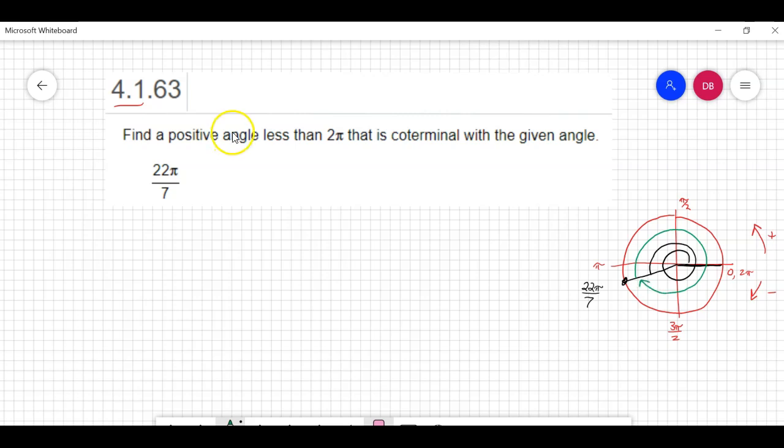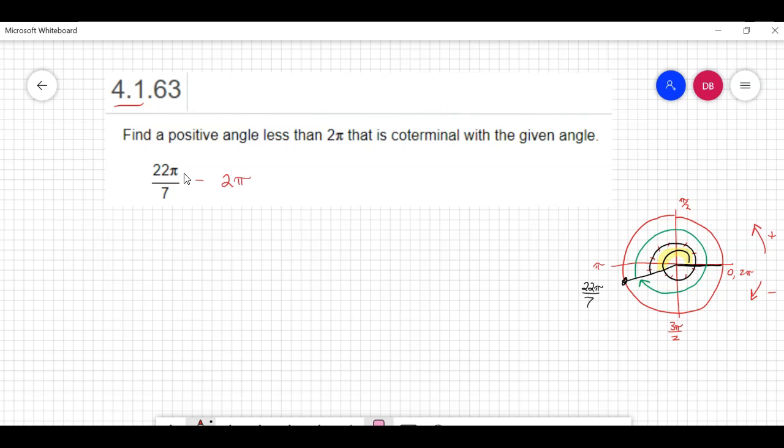That removes this extra part that's gone past 2 pi, and it'll just leave me with this angle, which is the positive angle less than 2 pi, because I didn't go all the way around. That's coterminal with the angle that we're given. So all we need to do here is subtract 2 pi.